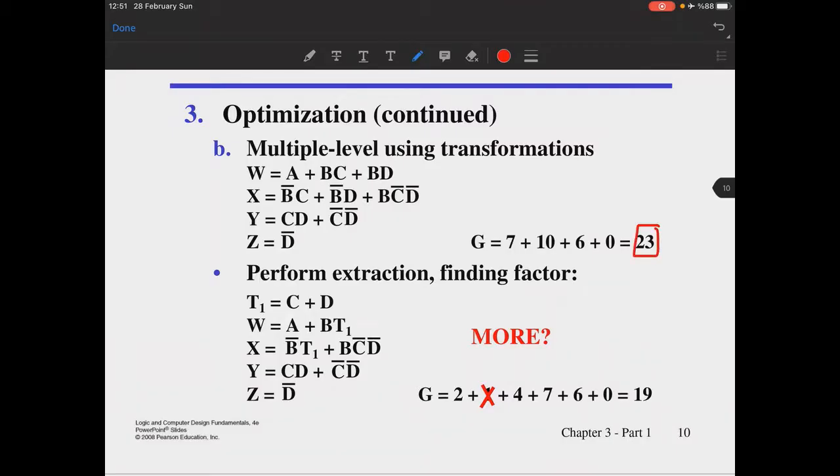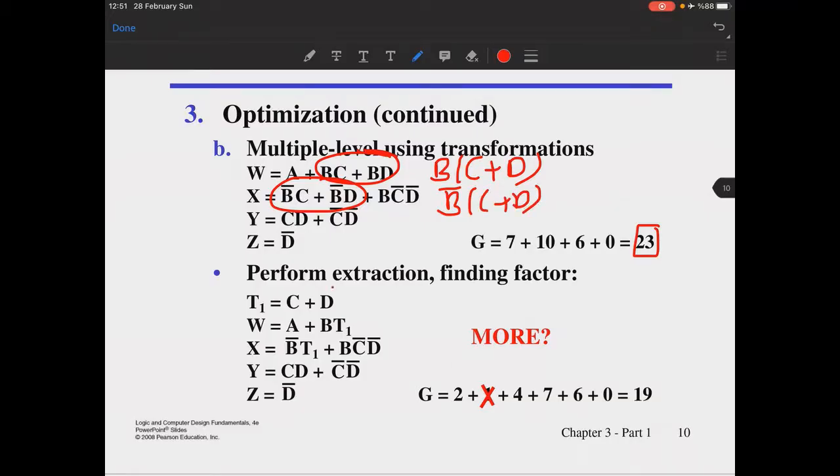Now, if we perform extraction, like we find the common term here, is it possible? Yes, it's pretty obvious. I can see some combinations possible here, like B, C plus D for this one. And again, for this one, it is B' C plus D. I can write it like this, right?